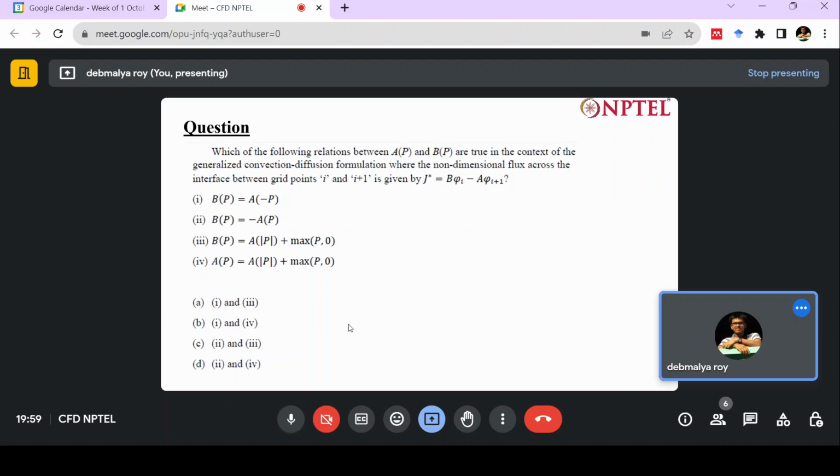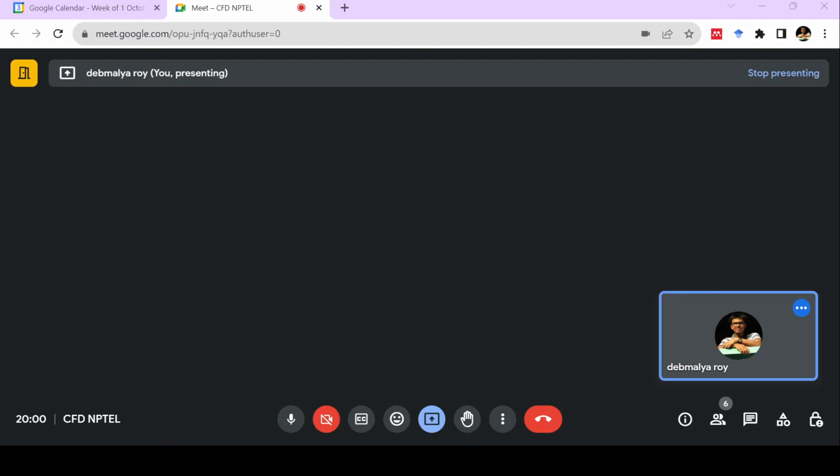So B of minus P must be equal to A of P. When the direction is changed, that will itself become A. So this first one is correct. What about the second one? The second one is not correct because those two have nothing relating each other. We need to find out the values of both to get to a solution.